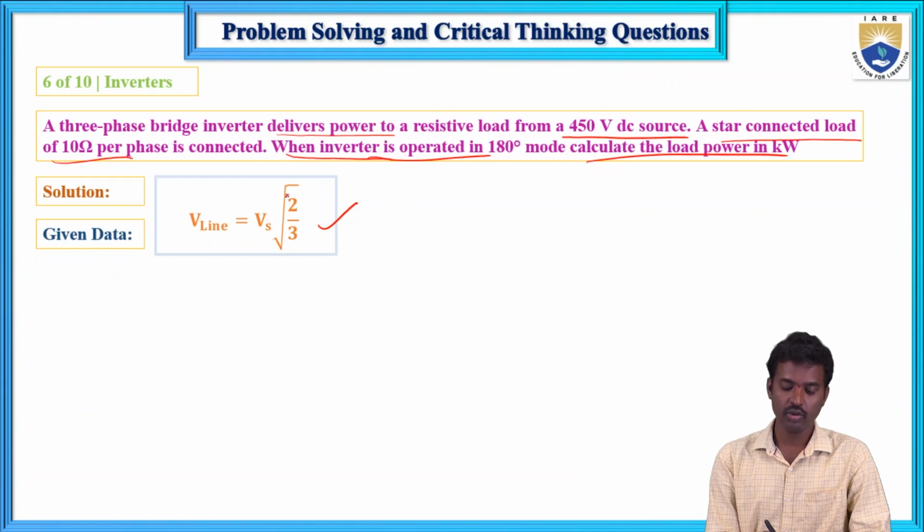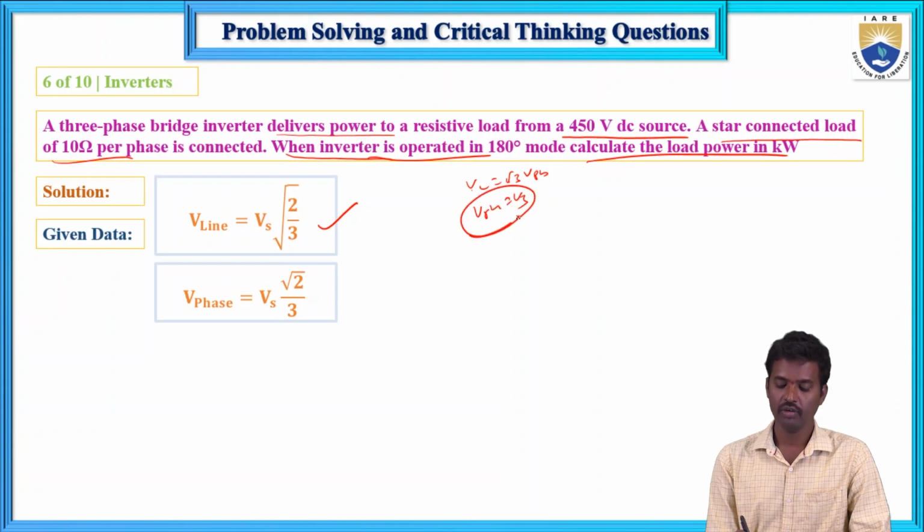So Vs into root 2 by 3, that is the line voltage. So first calculate this line voltage. Line voltage equals root 3 into phase voltage, so VL equals root 3 into V phase, and V phase equals VL by root 3.